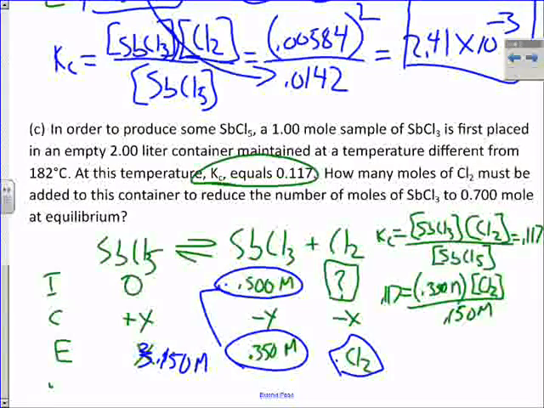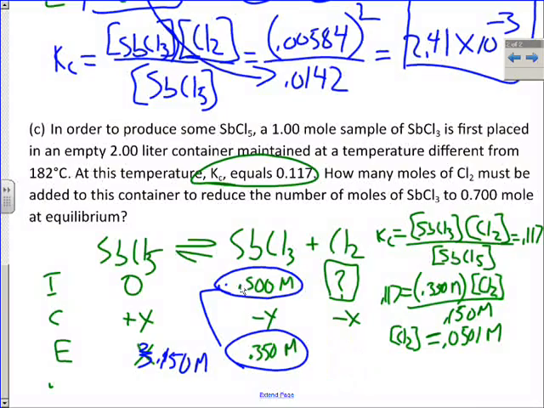So solve for Cl2. So we know Cl2 is going to equal 0.117 times 0.15 divided by 0.350, and we can calculate the Cl2 here has to equal 0.0501 molar. So now I know what that is. I know that is 0.0501 molar.